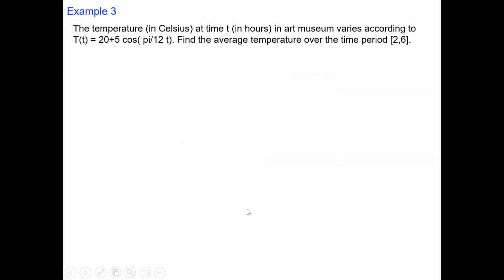Okay. And I have one more question, and we will be done with the average value, and you can enjoy your assignments. The temperature in Celsius at time t in hours in an art museum varies according to the function T of t equals 20 plus 5 cosine of pi over 12 t. Let me copy this function, 20 plus 5 cosine pi over 12t.